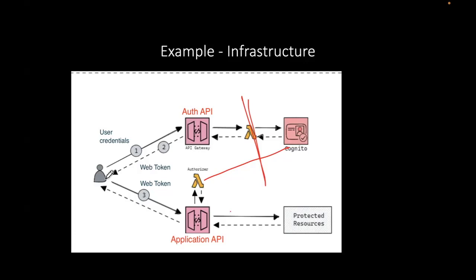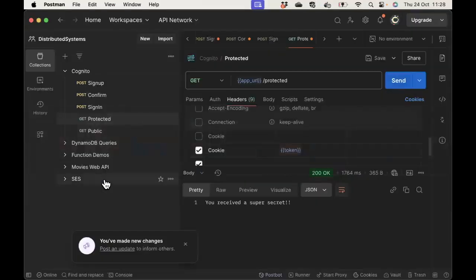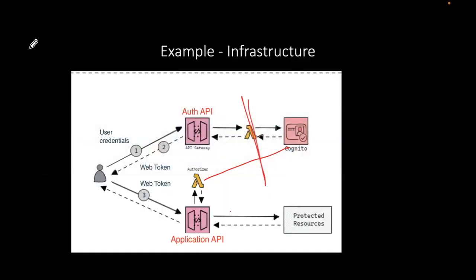And so we were using Postman to test all of this. Where I am now is in my Postman. I want to send a request to what I call the app API. Let's go back to slides again. Just for clarity, we refer to this as the auth API, and this is the application or app API.